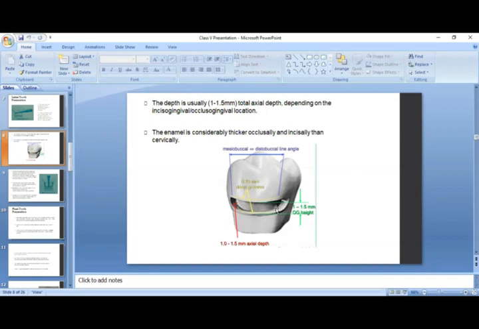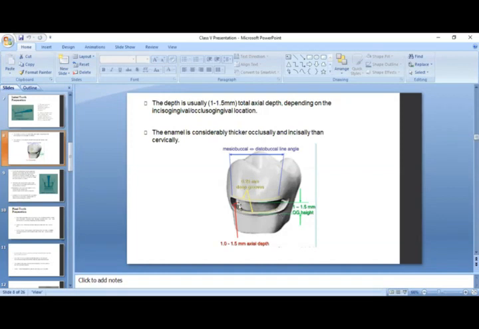Again, the depth of the cavity should be 1 to 1.5 millimeter. It is always in a range. We do not limit ourselves to 1 millimeter or 1.5 millimeter. It depends on the location, for example gingival or occlusal, and the extent of the carious region.